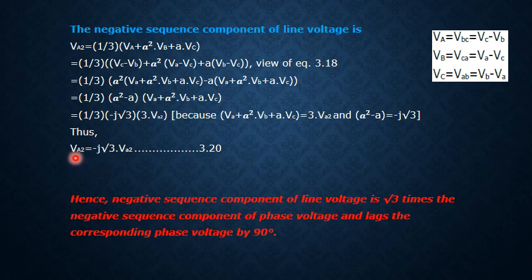The line voltage for both conditions is root 3 times the phase voltage, but the angle it makes is leading in case of positive sequence and lagging by 90 degrees in case of negative sequence. Is it clear?